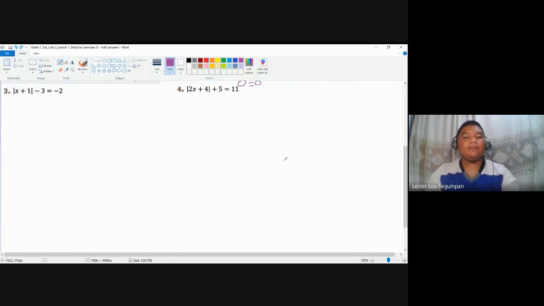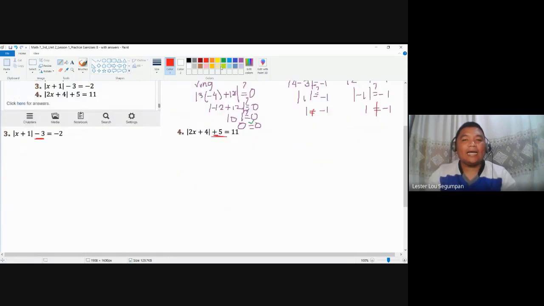In number 3 and number 4, we have expressions outside the absolute value notation. In number 3, minus 3 is not inside it. Here, plus 5 is not inside it. So you might say, in number 3, sir, this is what I am going to do. For case 1, I have x plus 1 minus 3 equals positive 2.